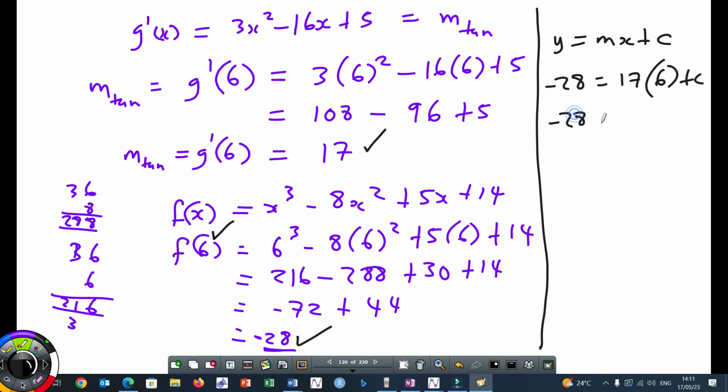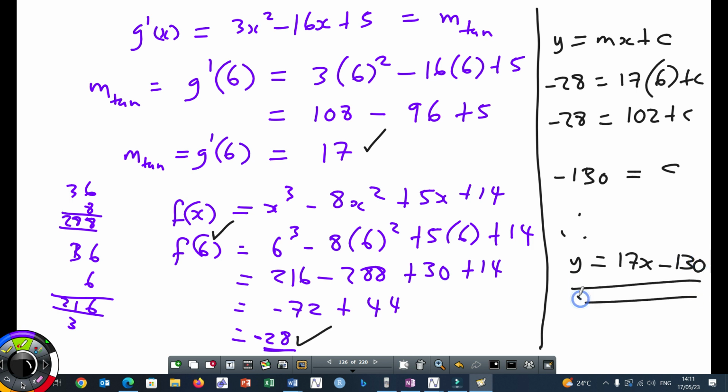So minus 28 equals 17 times 6, that is 102, plus c. Taking it the other way, c is minus 130. Therefore, the equation of the tangent is y equal to 17x minus 130.